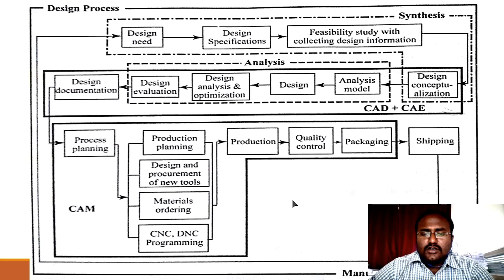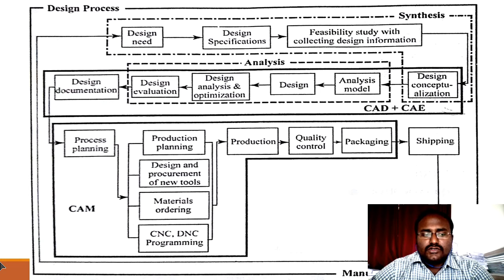Then once the production planning is over, you can enter into the production. Once one batch of production is over, you have to check the quality level of the product. Once it passes the quality level, then go for testing. Then finally it will be a packed product, then it goes to shipping, then shipping to market. This is a product cycle.